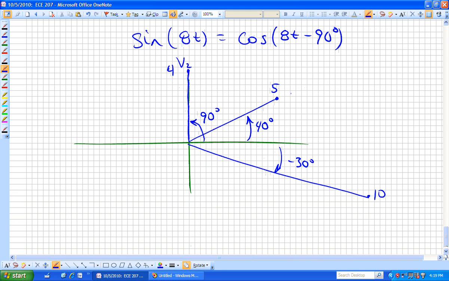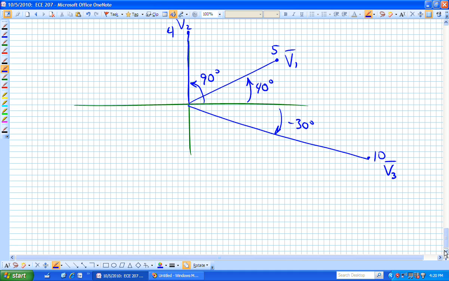And this is now my V1, V2, V3. I could put those head to tail, and wherever I end up, that's actually my resultant, or the combination of those. And let's see where that actually takes us, and we'll do that with representing these in exponential form.